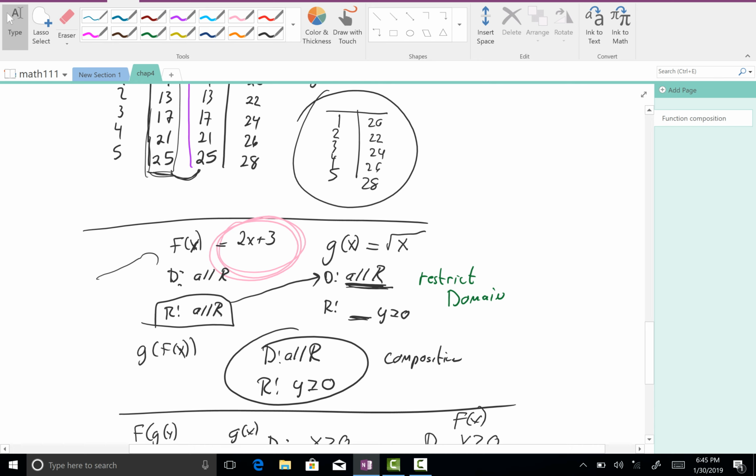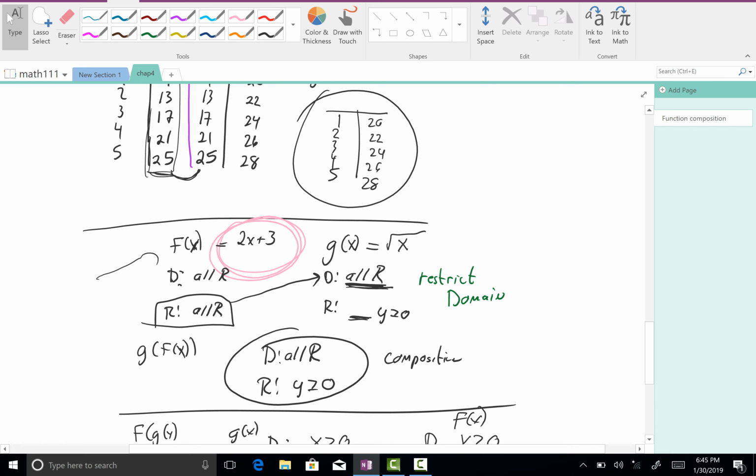Then I'm going to go g of x equals, here let me put it on projector mode so you guys can see better, the square root of x. Now watch this. I'm going to go g of f of x, and by golly, it graphs it for me.